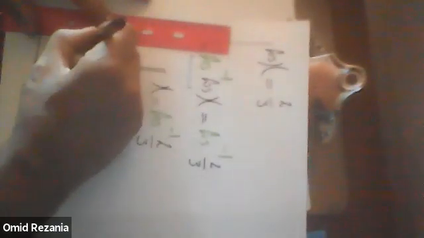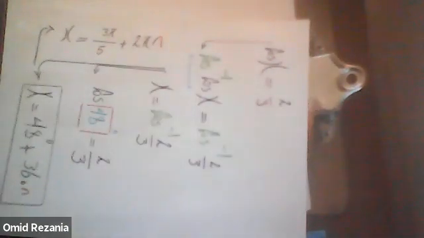It becomes 3 pi divided by 5 plus 2 pi times n, where n can be any number from 0 all the way to plus or minus infinity.